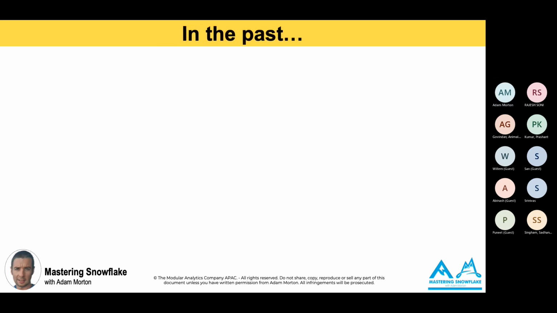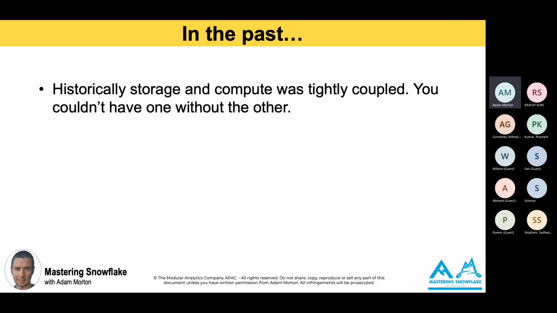So, a bit of background between the on-premise world and the cloud world. In the past, you often had storage and compute tightly coupled, and you couldn't have one without the other. So at the start of a project, you had to predict the size of your server and project that future demand on your service for the next, say, 2 to 3 years before you put in your order, you pay your money up front, and then you cross your fingers, hoping nothing changed in the meanwhile.